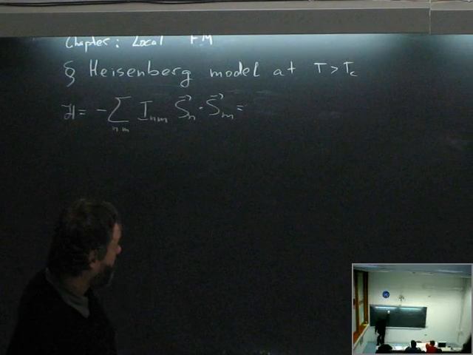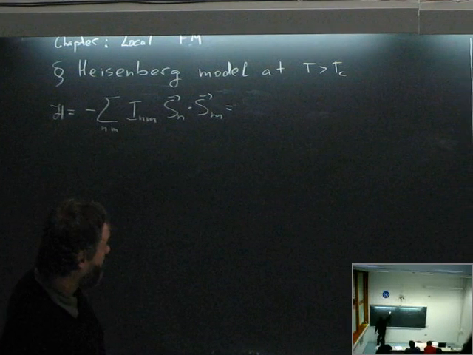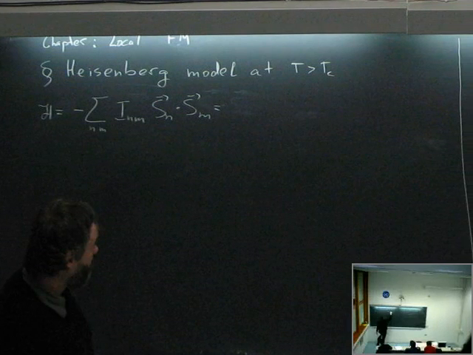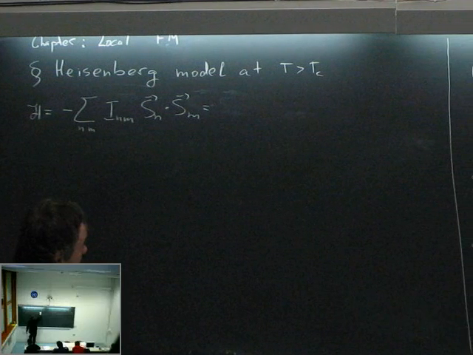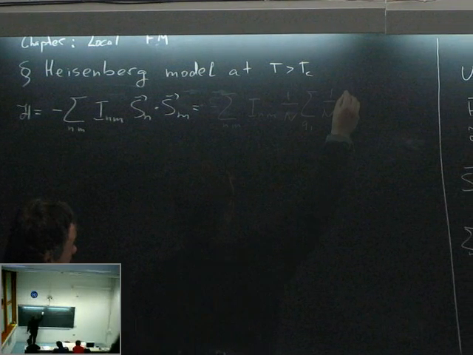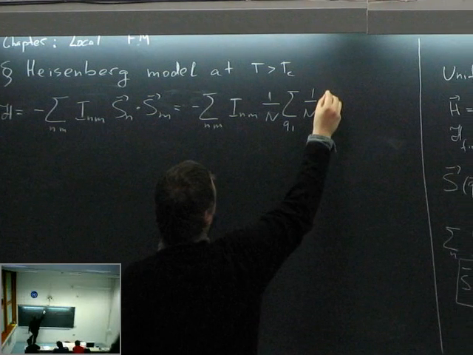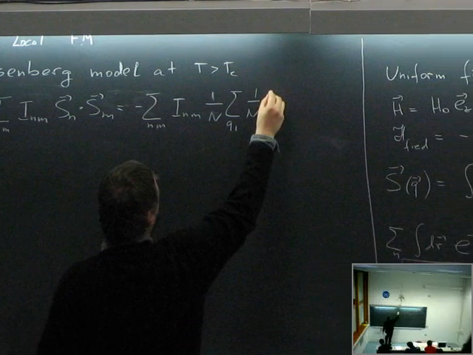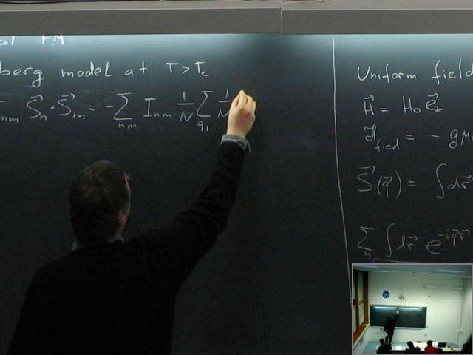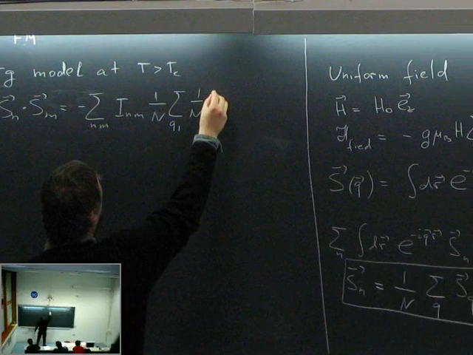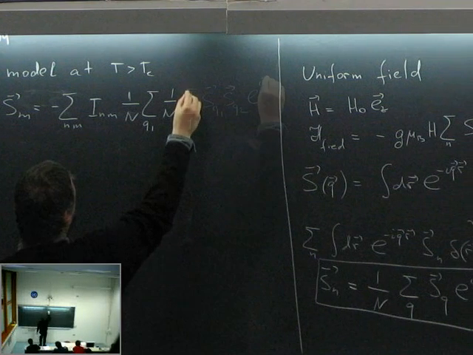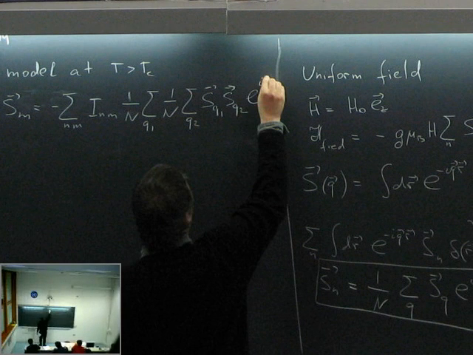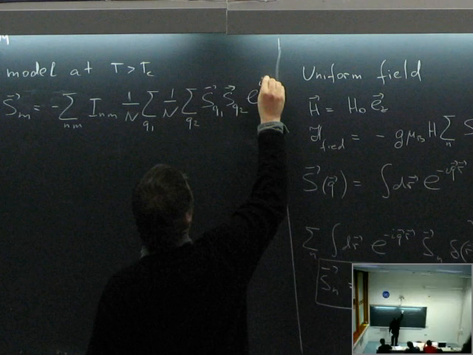So this is minus the sum over n, m of I_nm, 1 over N sum over q1, 1 over N sum over q2, S_q1 S_q2, and then there is the exponent e to the power i q1 R_n plus i q2 R_m.